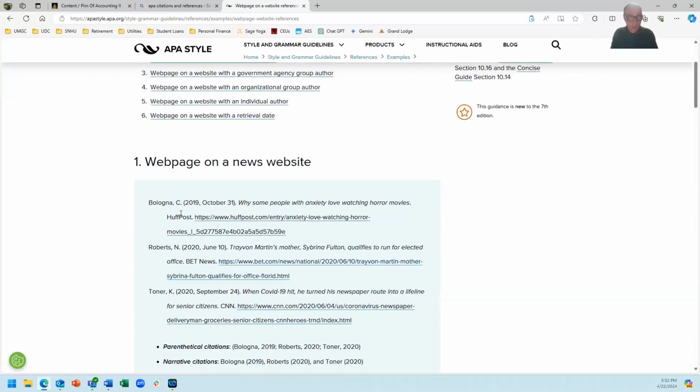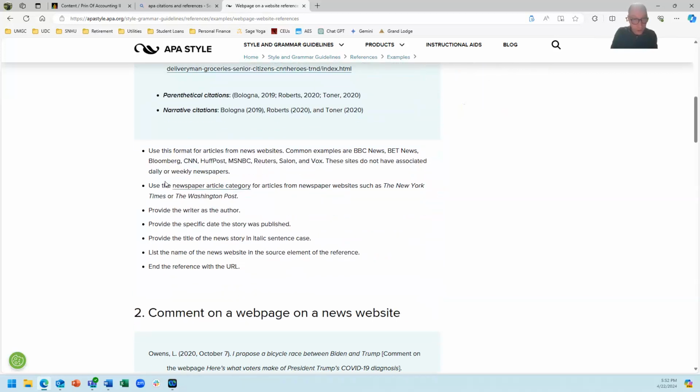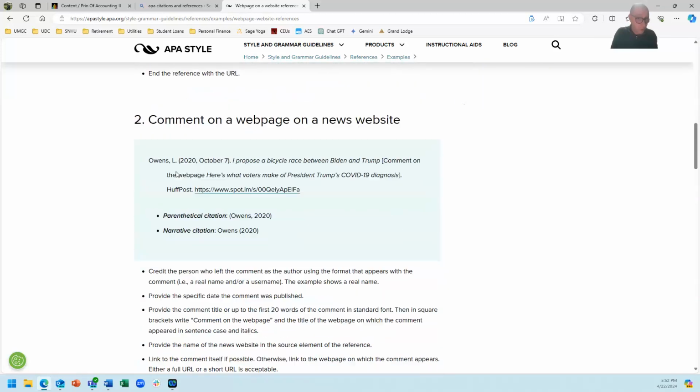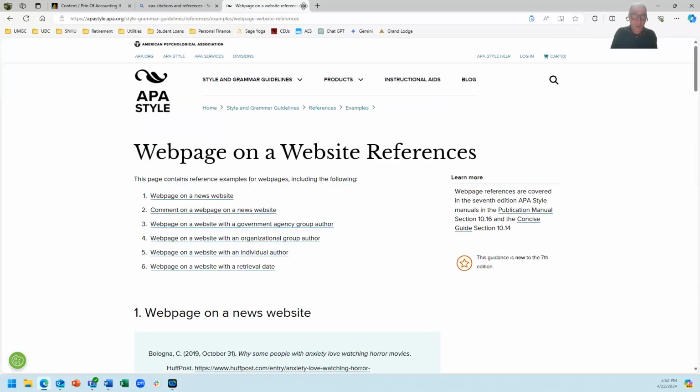Now, as you're doing this, there are also websites that will do it for you. Or if you want to use something like ChatGPT to write the reference, you can do that as well.